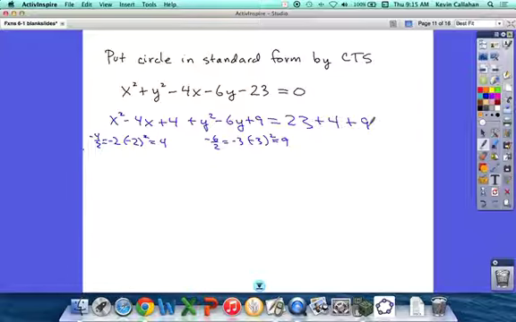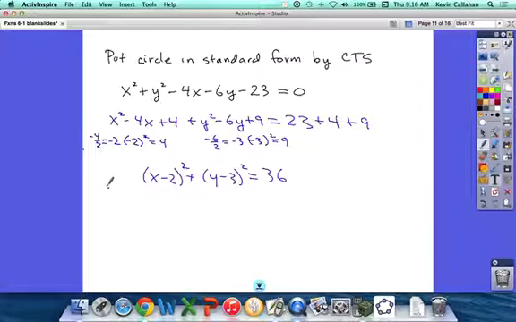Again, this x squared minus 4x plus 4 is x minus 2 squared. This y squared minus 6y plus 9, again, there should be a plus in between these, is y minus 3 squared. And when I add up everything on the right-hand side, I get 36.